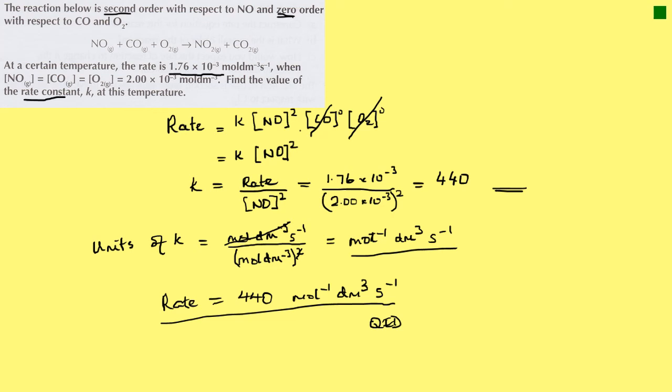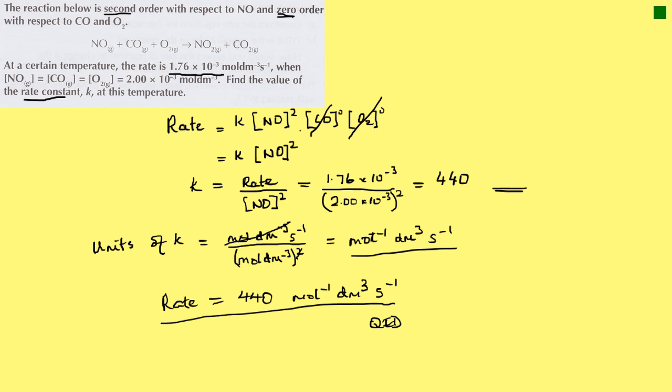So next we just simplify the units of K, and we notice that we've got moles per dm cubed once on the top, and we've got moles per dm cubed twice on the bottom. So we can cancel out the squared and the one version up on top, and so that makes it quite easy. Now to get this mole per dm cubed all on one line at the top, we're just going to inverse the indices.